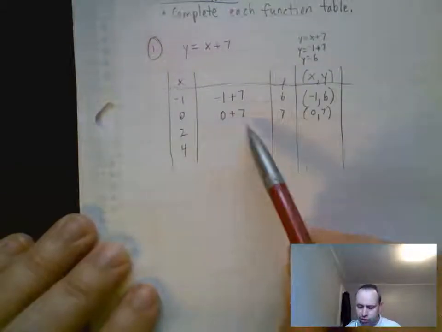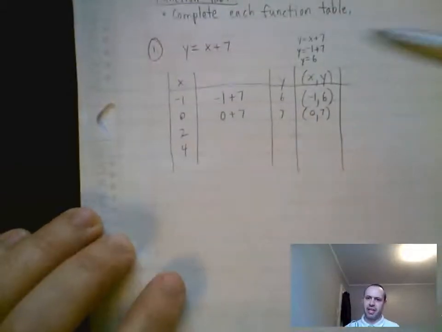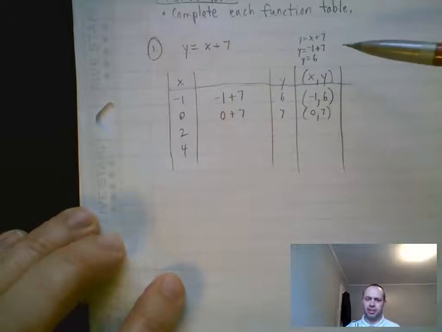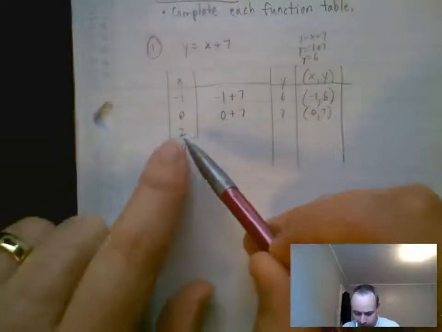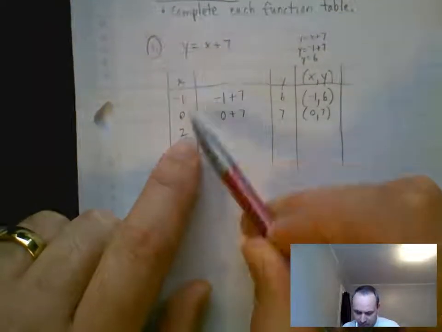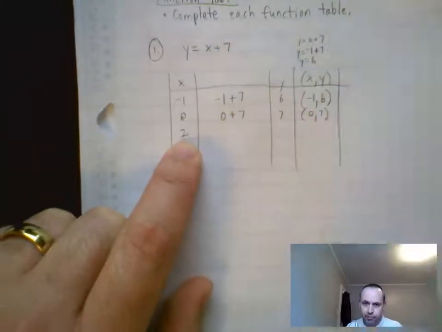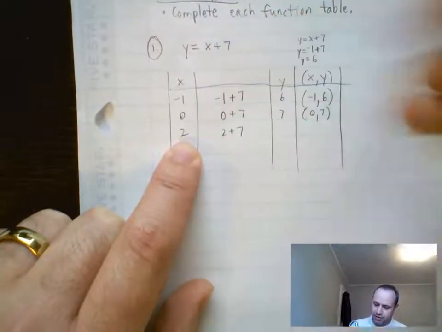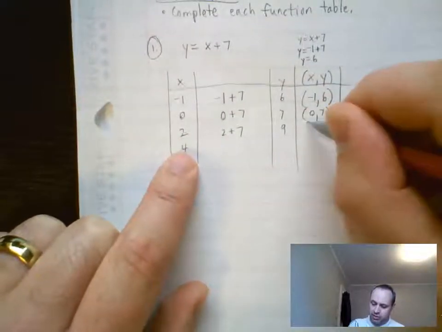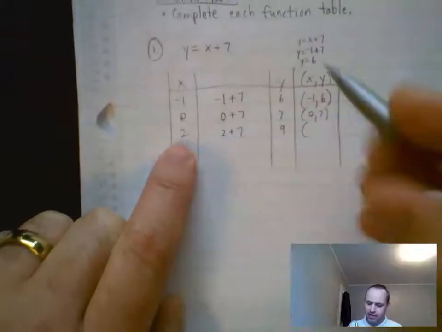Today they're having you show your work like this. It's really the same thing. I think the vertical way is a little clearer, but this is a pretty simple problem, so hopefully you get what we're doing here. In the next one, we'll take our 2. X is a 2. We'll plug it in here. In this case, it's going to be 2 plus 7. 2 plus 7 is 9. So this one would be our x value is a 2.